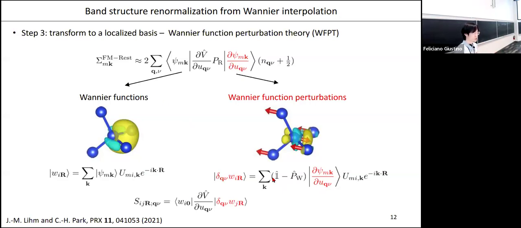So we have to avoid double counting, we need to remove the active space contribution. Now, since both the Wannier functions and Wannier function perturbations are localized, the corresponding matrix element, which we call S here, is also a localized object. So it decays rapidly as a function of R, and therefore we can accurately Fourier interpolate this quantity.